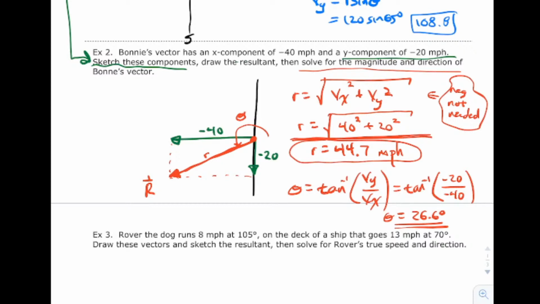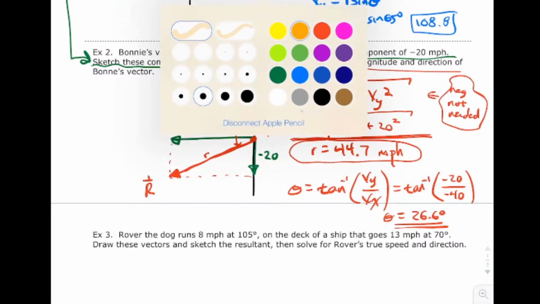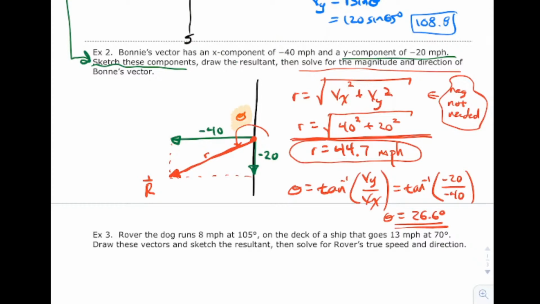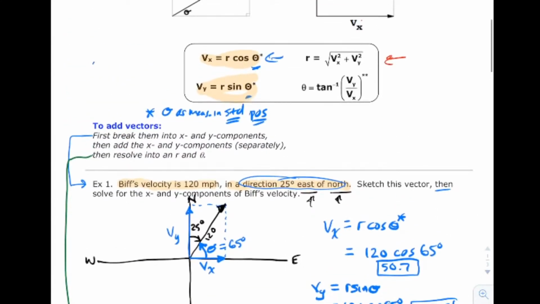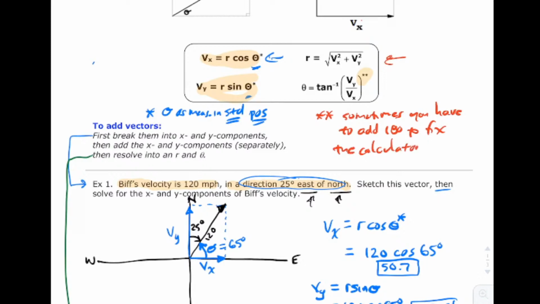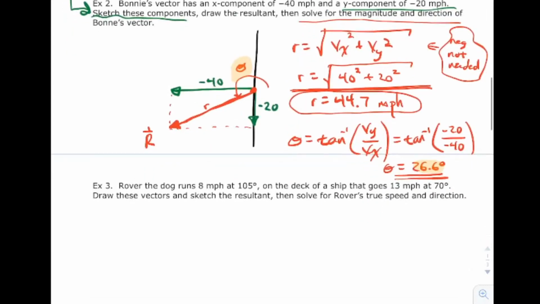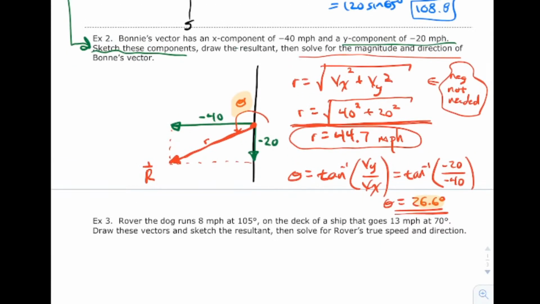And then this is the part where you say, wait a minute, that's not 26.6 degrees. What's the calculator talking about? And that, as you may recall, is the reason for the double asterisk. Sometimes you have to add 180 to fix the calculator's result. Hopefully you remember this happening last time in some of our homework problems. Sometimes the calculator gives you the right answer and sometimes it gives you exactly the wrong answer.